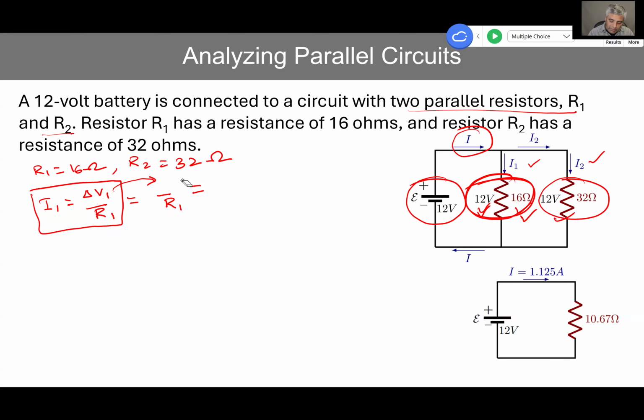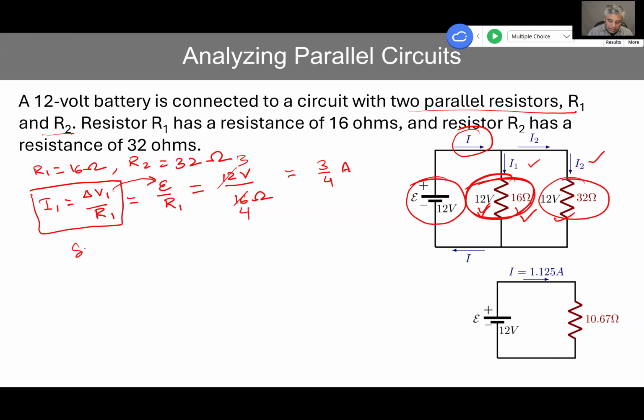Let's get used to a different notation as well. So that means 12 volt divided by R1, which is 16 ohm. Okay. 4 times 3, 4 times 4. So it looks like this is 3/4 ampere.